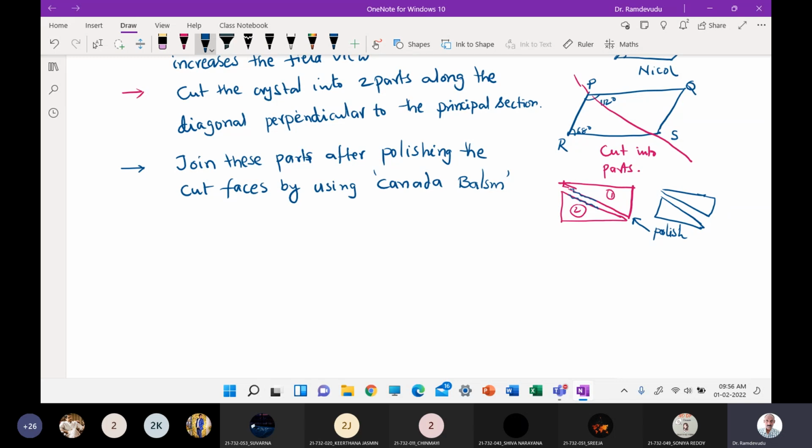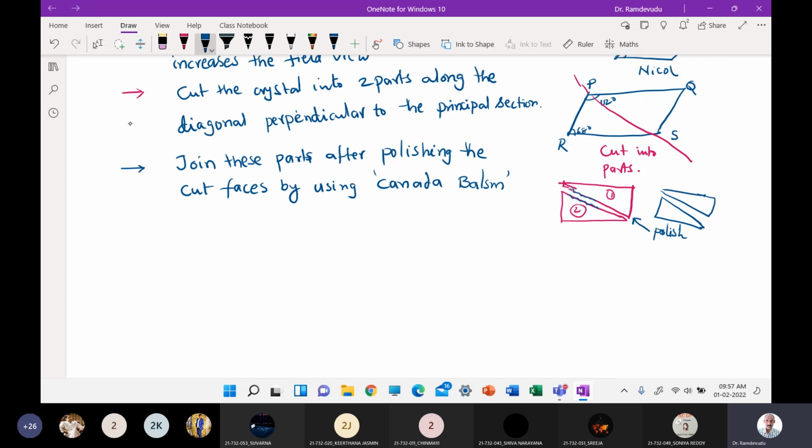To get total internal reflection, I join them with Canada balsam, whose refractive index is in between these two. Therefore one of the rays moving from an optically denser medium to an optically rarer medium will undergo total internal reflection. That is one important thing.